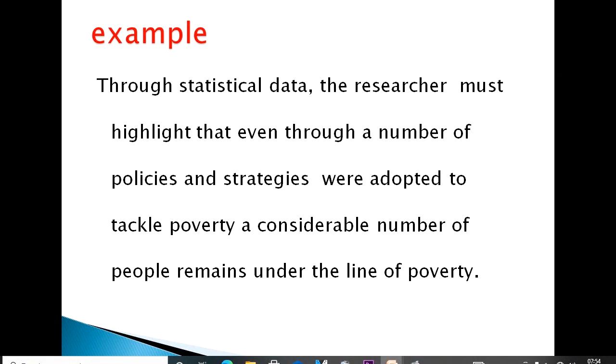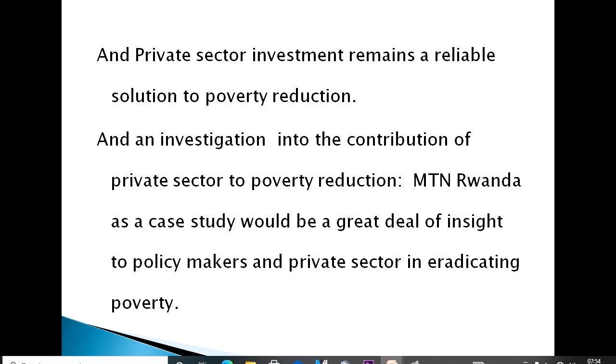Through statistical data, the researcher must highlight that even though a number of policies and strategies were adopted to tackle poverty, a considerable number of people remain under the poverty line. And private sector investment remains a reliable solution to poverty reduction, and an investigation into the contribution of private sector to poverty reduction, taken as a case study MTN Rwanda, would be of great insight to policymakers and the private sector in eradicating poverty.